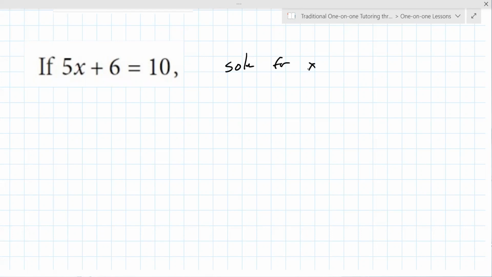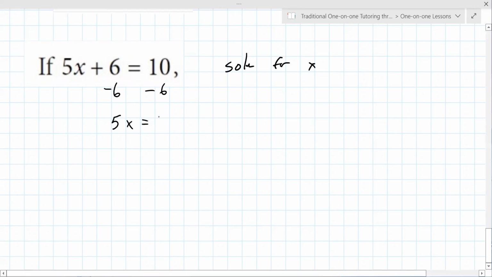When you subtract 6 from both sides, 5x equals 4. What's the next step to solve for x? You should divide, but how are you supposed to divide? Well, you just divide both sides by 5.